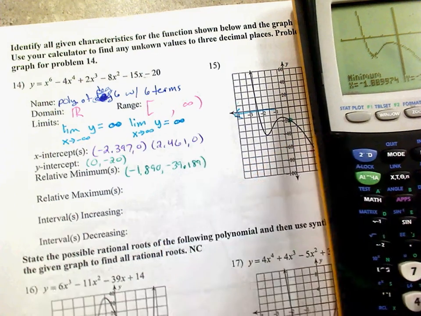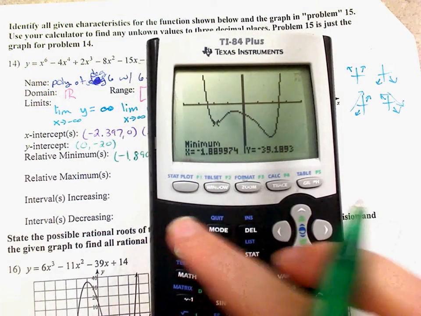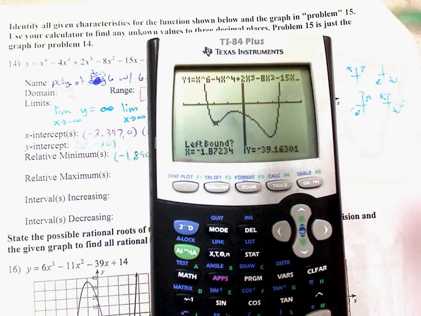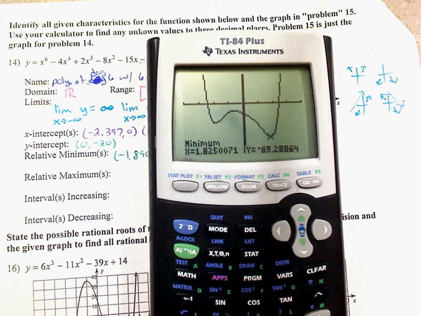And then I need to find the other one, yeah? So second calculate min, somewhere around close to 2, so 1.5 and 2.5. 1.825 and negative 69.289.